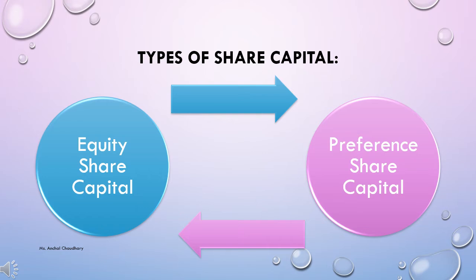So in that case they prefer to be preference shareholders because they will get a fixed amount of dividend every year, and they also feel safe while investing the amount in the organization because they know at the time of winding up they will get the preference while collecting the share capital amount. So these are the preference shareholders who get the preference over the equity share capital holders.